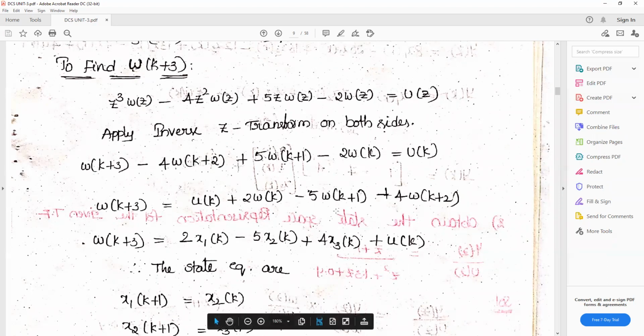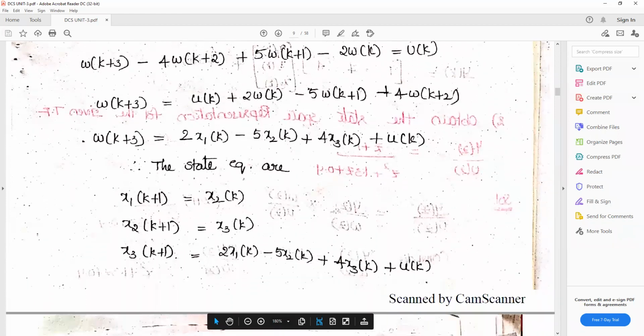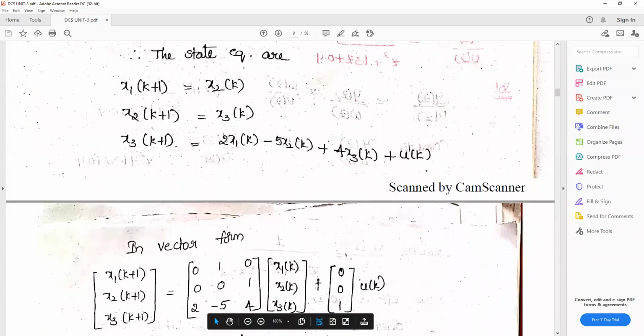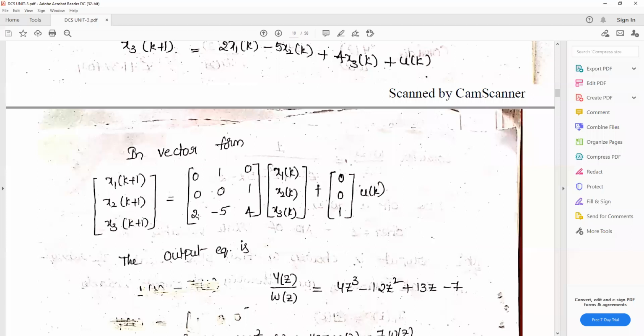The state equations are x1 of k plus 1 is equal to x2, x2 of k plus 1 is equal to x3, and x3 of k plus 1 is obtained by substituting all the values: 2x1 minus 5x2 plus 4x3 plus u of k.